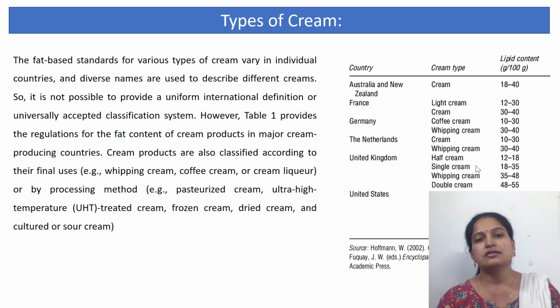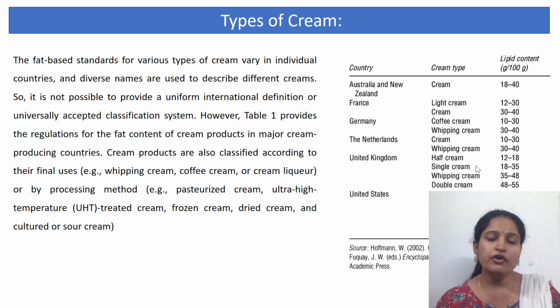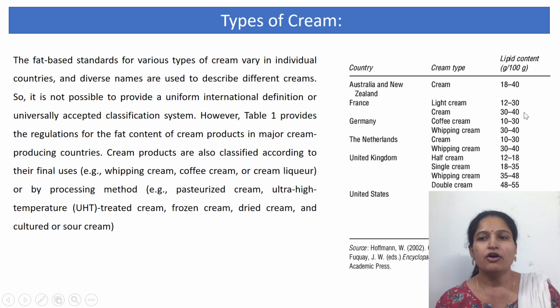So here are a few nomenclatures based upon the uses, and the cream standard is not universally accepted, so that's why different countries have different norms for the percentage and type of cream as per their uses. For example, in France, light cream has 12 to 30% of fat.